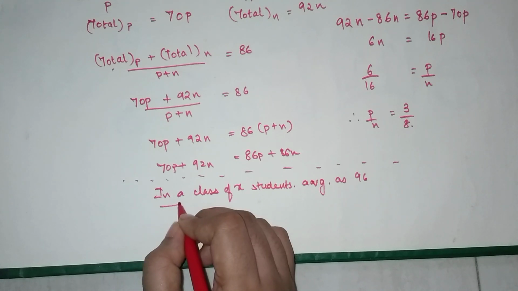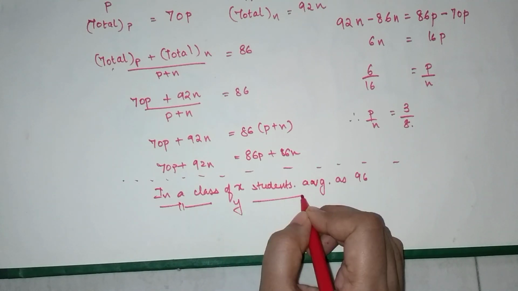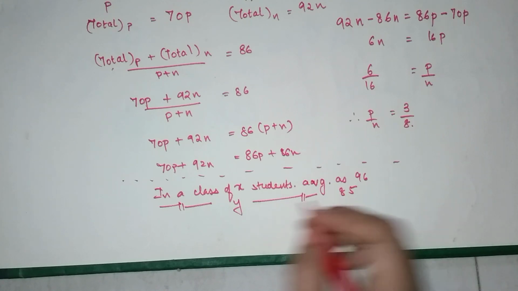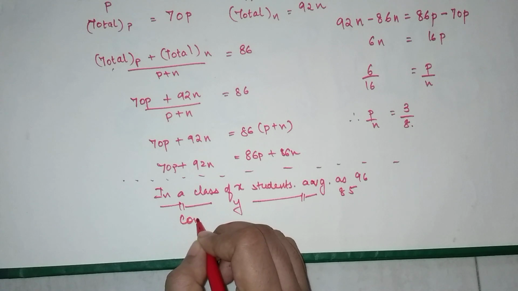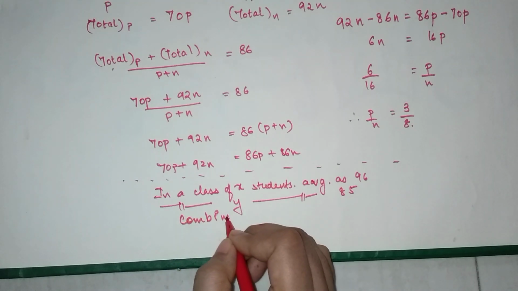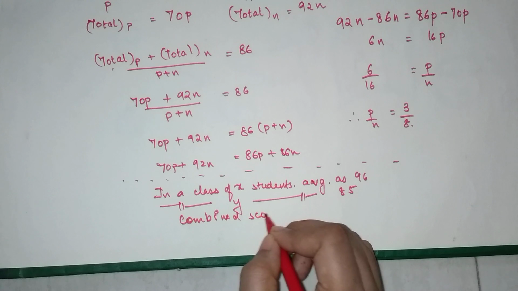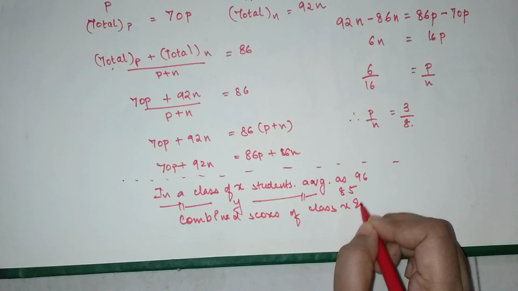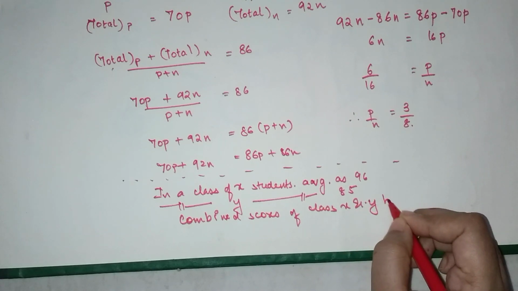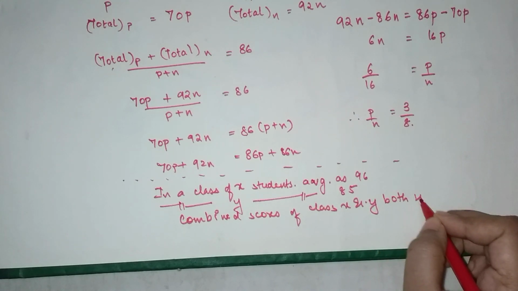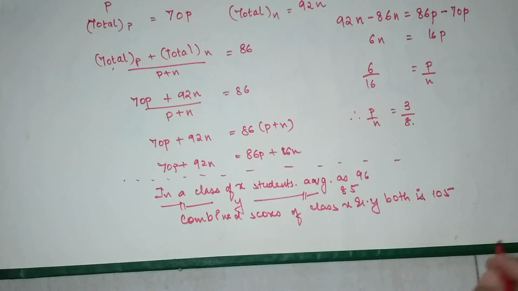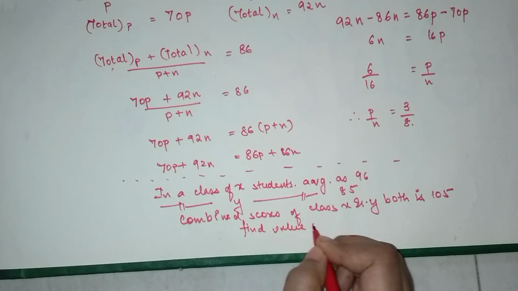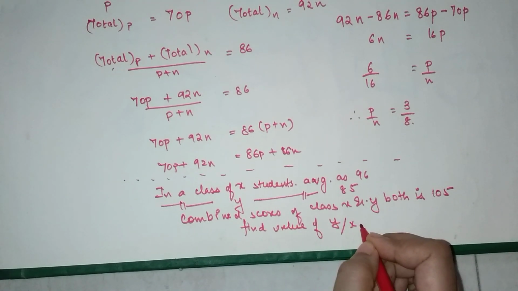In a class of Y students, we have the average score as 85, and the combined score of class X and Y both is 105. So find the value of Y by X.